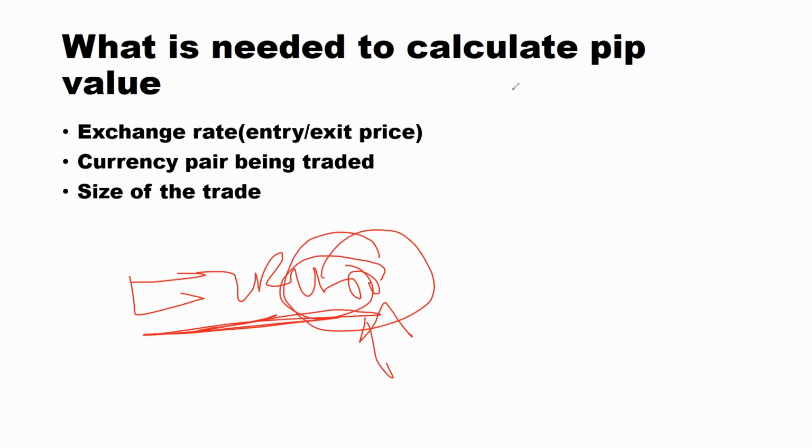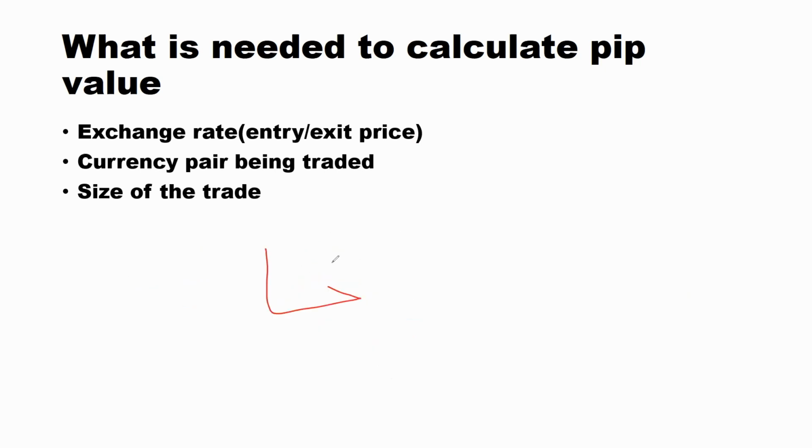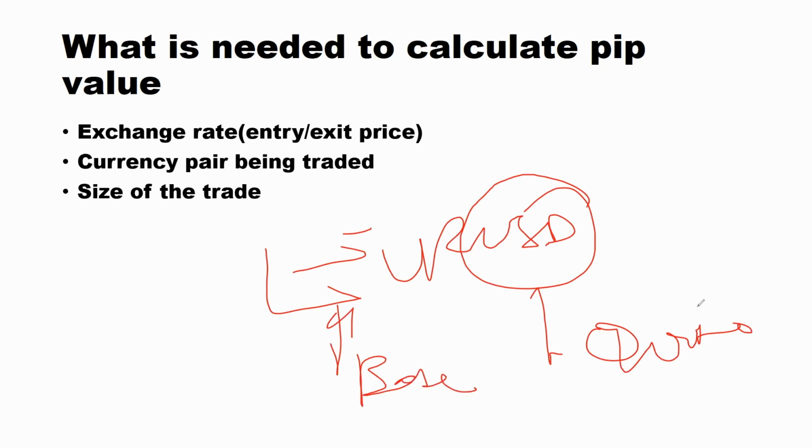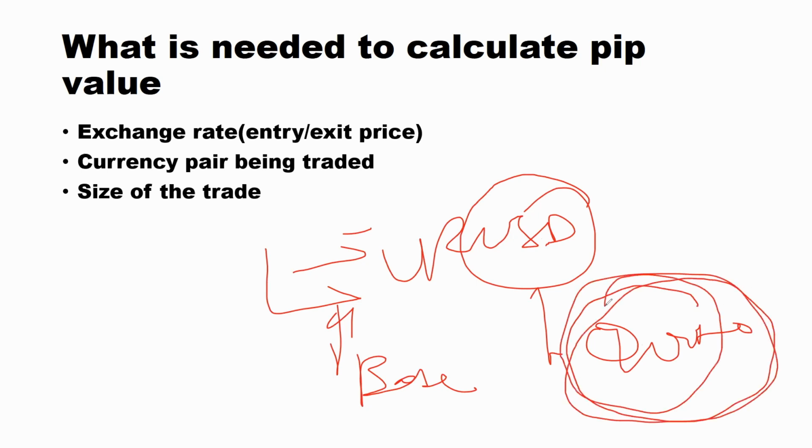Remember we mentioned in the previous videos that if this is Euro USD, this is the quote, and this is the base, right? So we list the pip value in the quote currency's value, right? Then you're also going to be looking at the size of the trade. That's the lot size or volume. Are we together? So these are the only things that you need to be able to calculate a pip value.